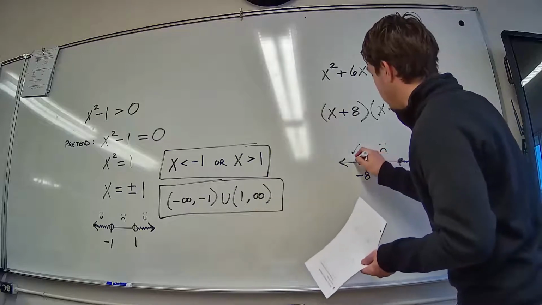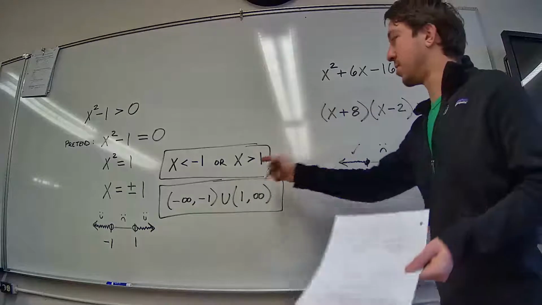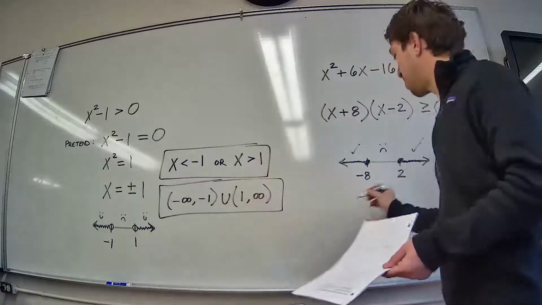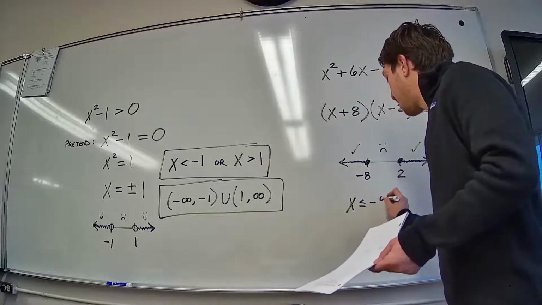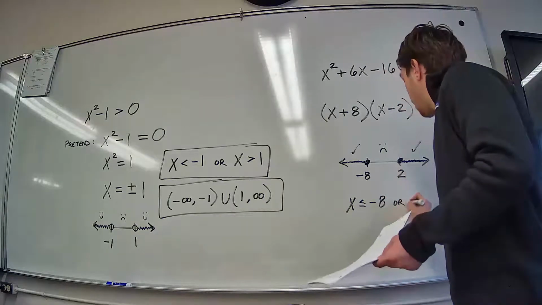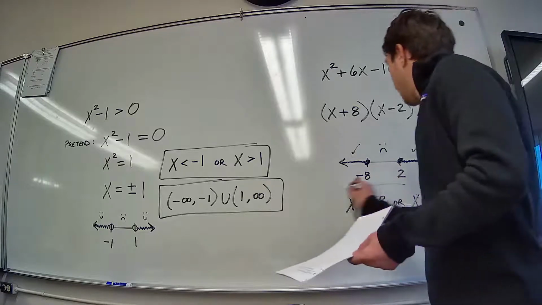Now here, let's get to the notation. This kind of notation would say my x values can be less than or equal to negative 8, or they can be greater than or equal to 2.